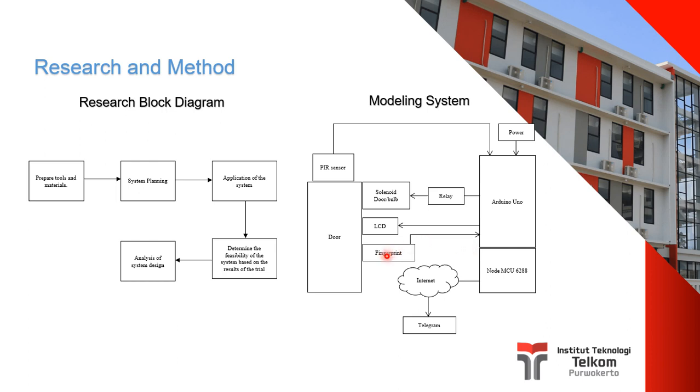We put a fingerprint on the door, and the information will be sent to Arduino Uno. And the communication that we send to the Telegram application by internet, we use NodeMCU ESP8266 as the output.